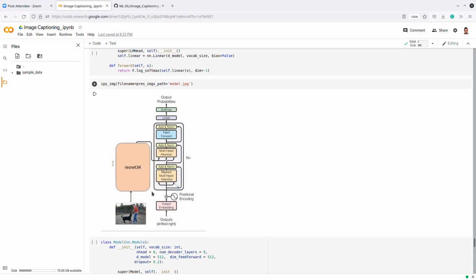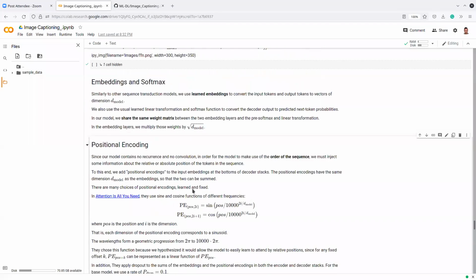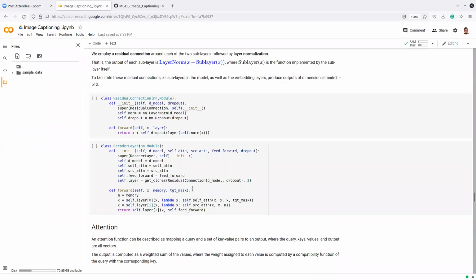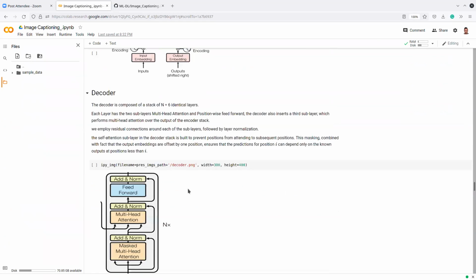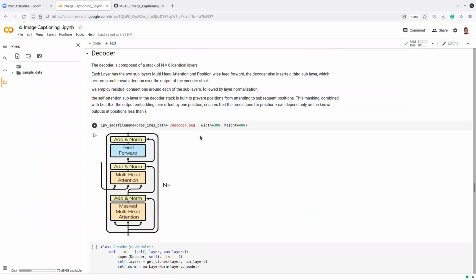Then the decoder is responsible for taking the feature vector, the meaning of the image, and generating the captions. Here we need to understand why the decoder can do that, and why it can do it without the idea of recurrence that LSTM or RNN has.